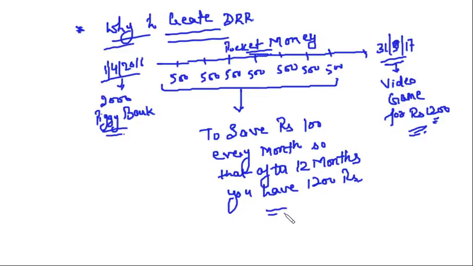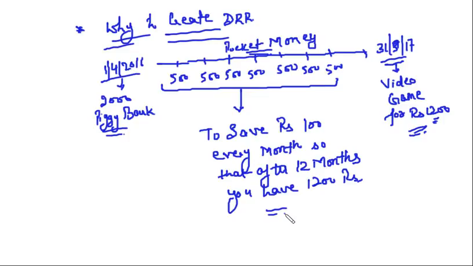But you don't want to ask that money from your parents. So you took a decision that out of those 500 rupees, I will save 100 rupees every month, so that after 12 months I will have 1200, and from that 1200 I will buy a video game.